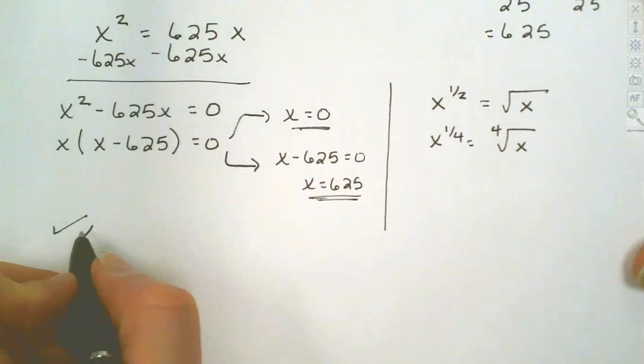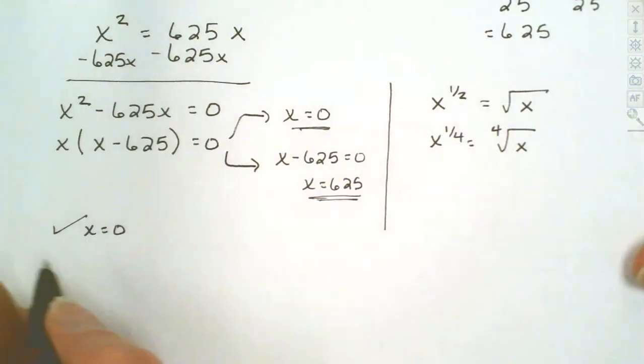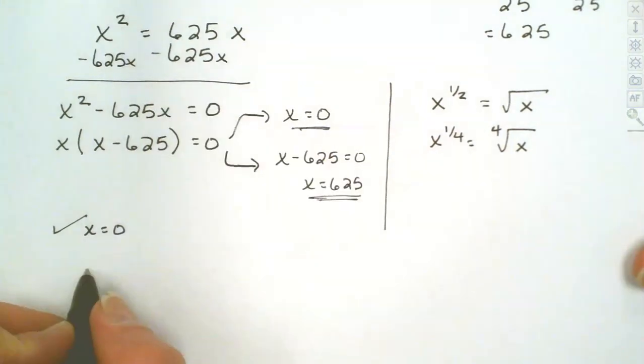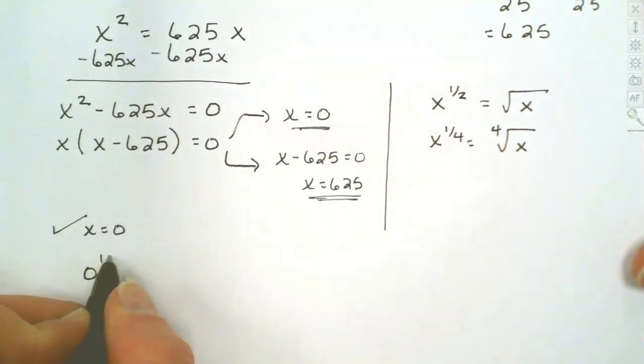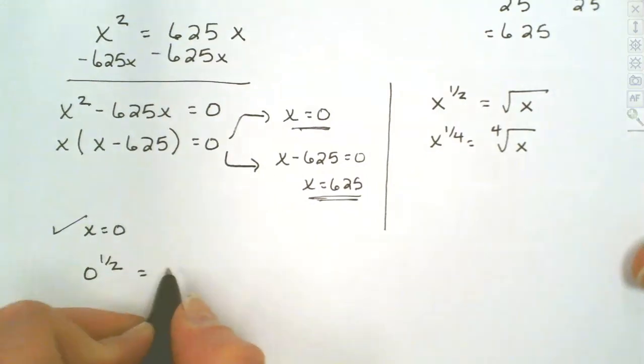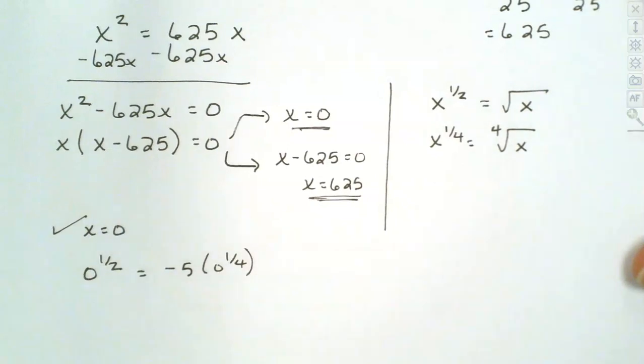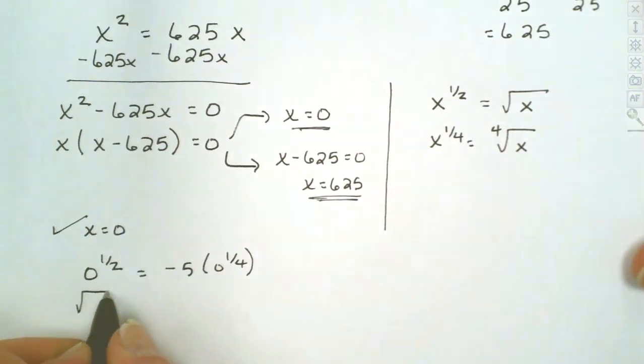If I check x equals 0, and if I rewrite this, I've got 0 to the 1/2 power equals minus 5 times 0 to the 1/4 power. Well, a 1/2 power is the square root.